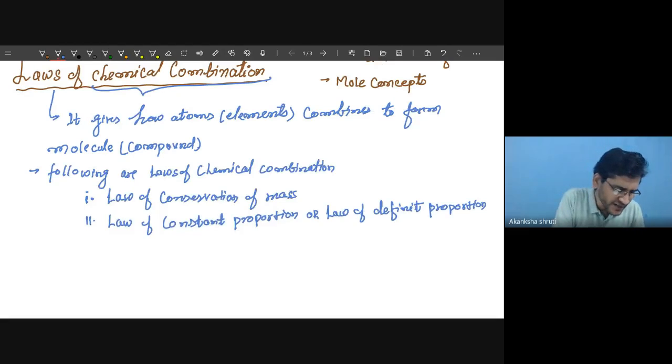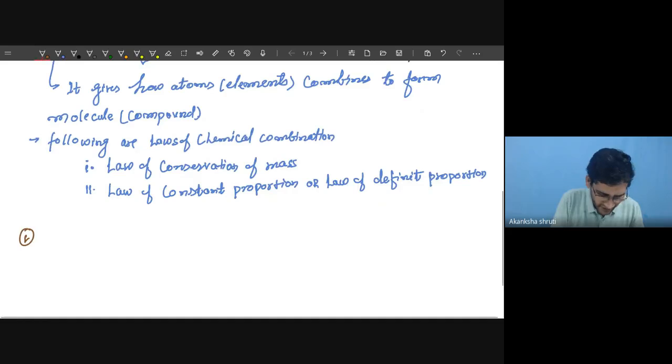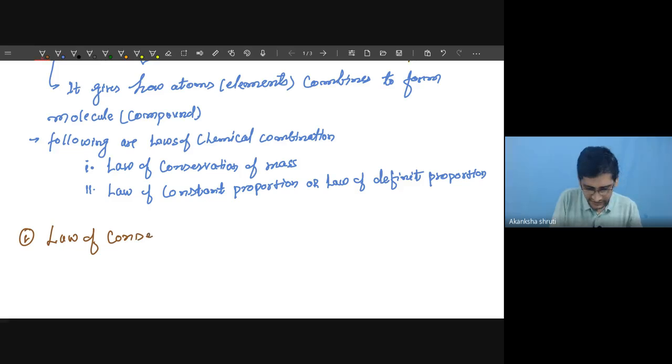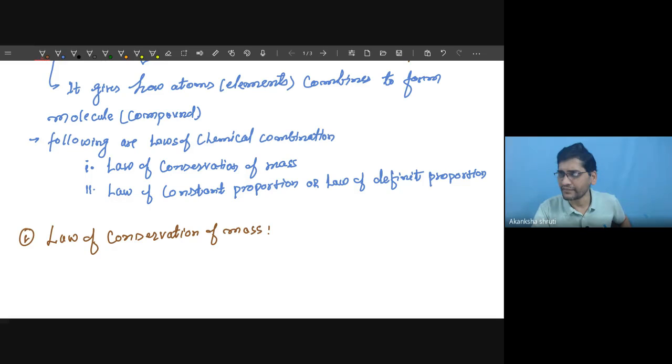So write down the first law. The first one is called the law of conservation of mass. What this law tells is that mass, the same mass we have learned in physics, mass always means the same thing.